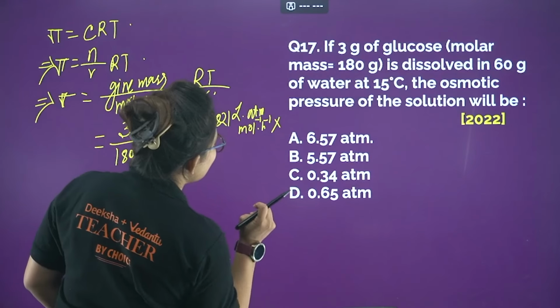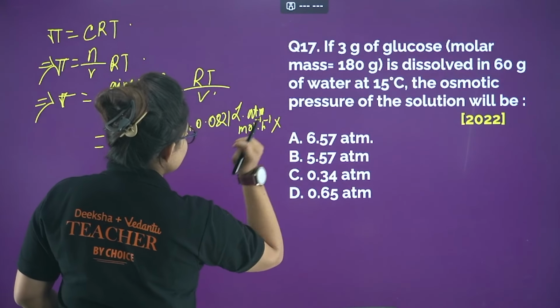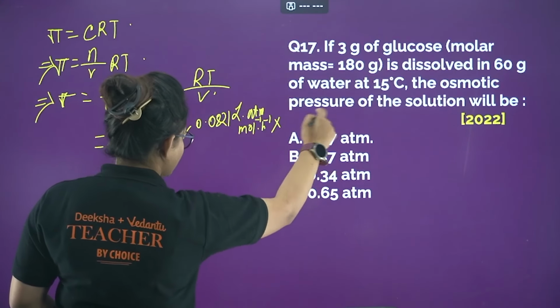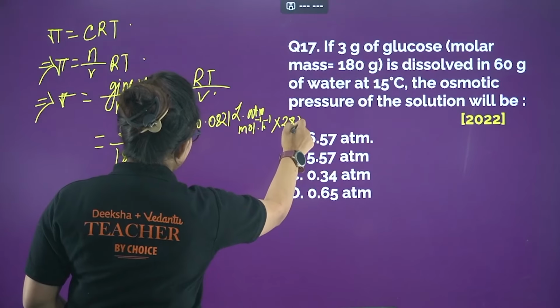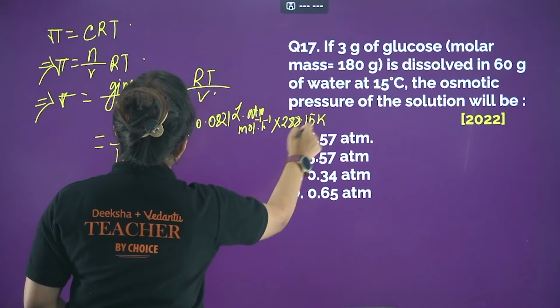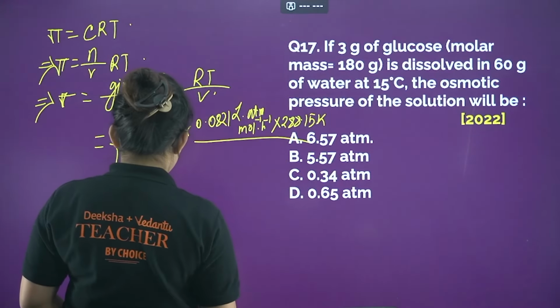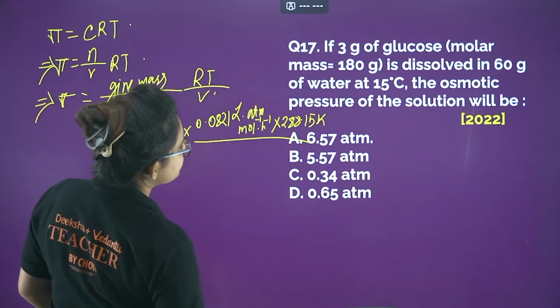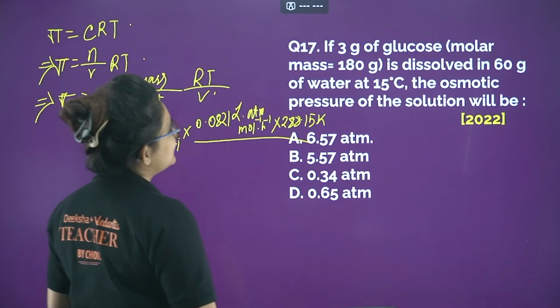How much is it? 15 degrees Celsius, so 273.15 plus 15, you are having 288.15 Kelvin, divided by the volume.